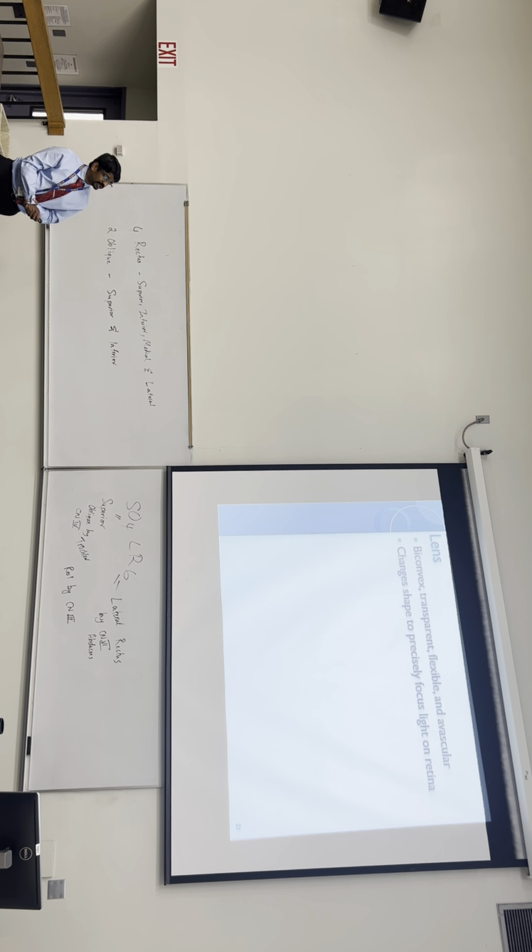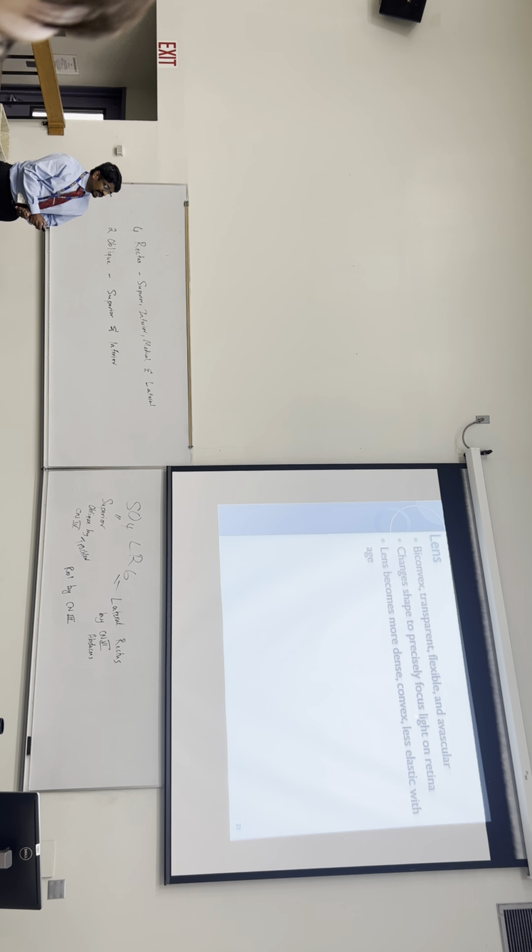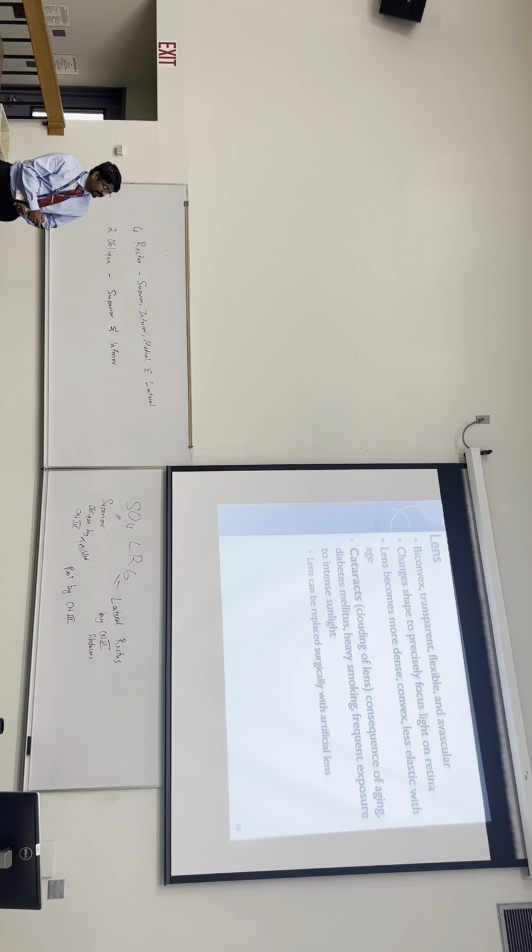This is not the only thing that bends the light. This is actually less bending compared to our cornea, which refracts light a lot more than our lens. As we age, it becomes more dense and less elastic, and then we develop cataracts, right? So cataracts are a modification of the lens.